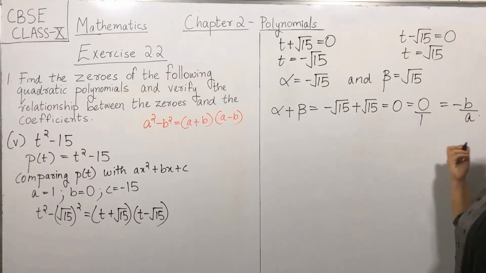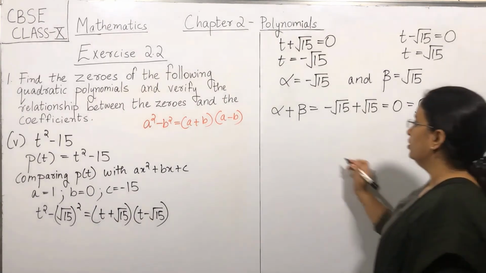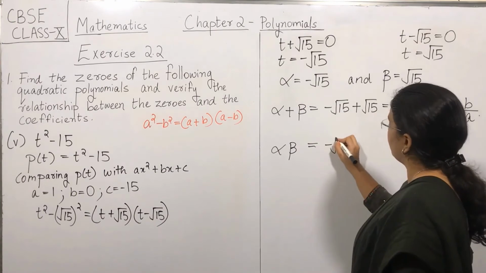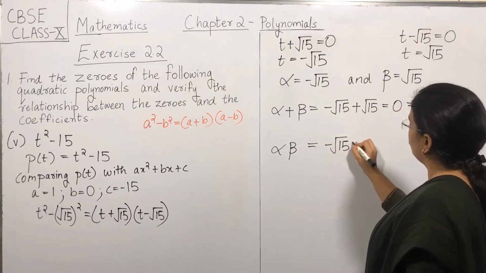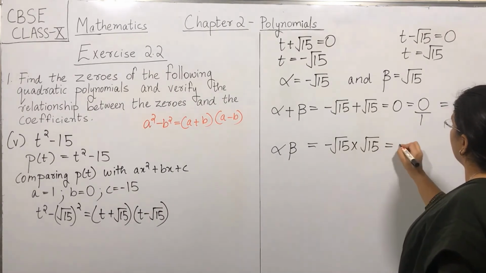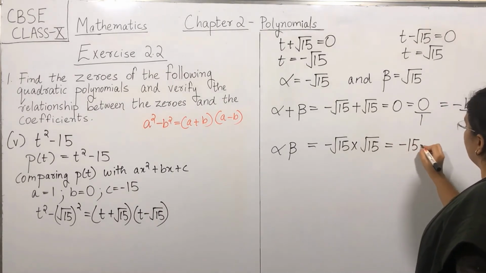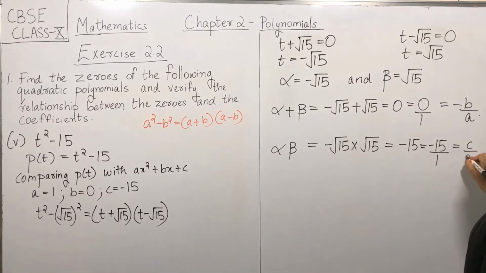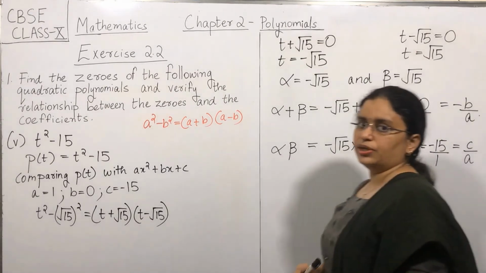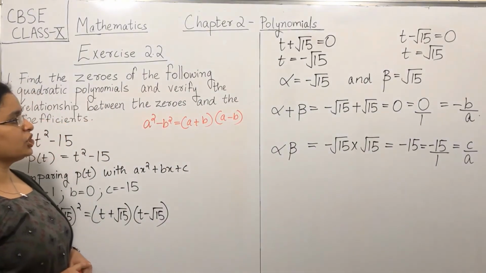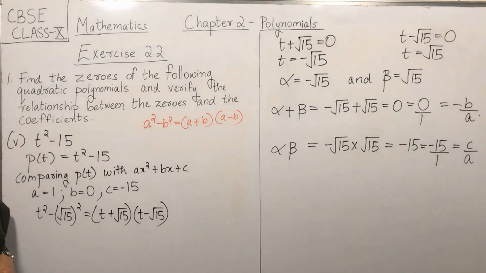It can be minus or negative because it's 0. Now alpha into beta equals minus root 15 into root 15, which is minus 15, which can be written as minus 15 by 1, equal to c by a. So here we found the zeros and also we verified the relationship between zeros and the coefficients.